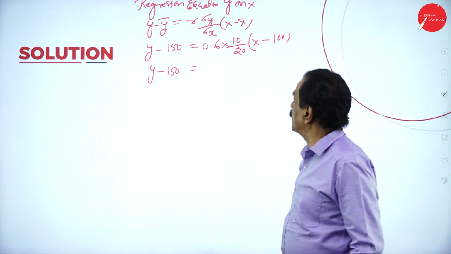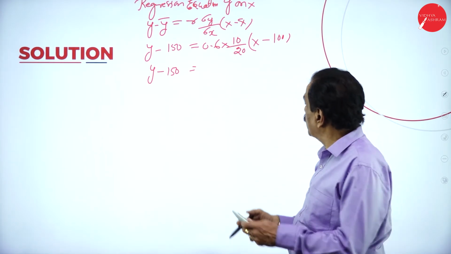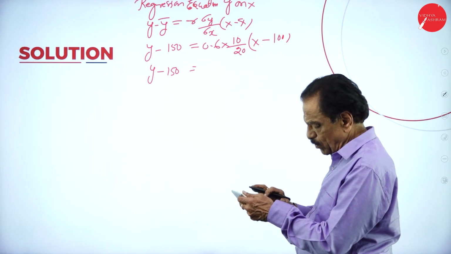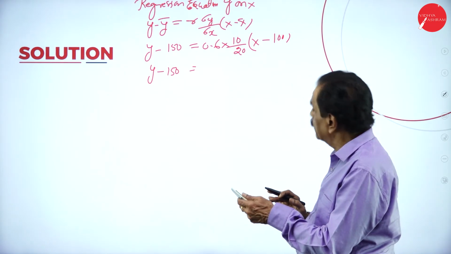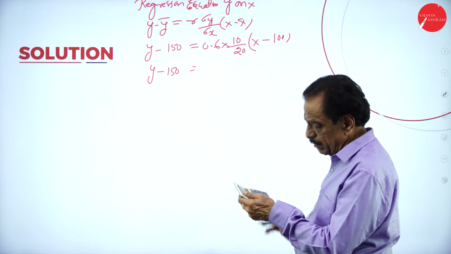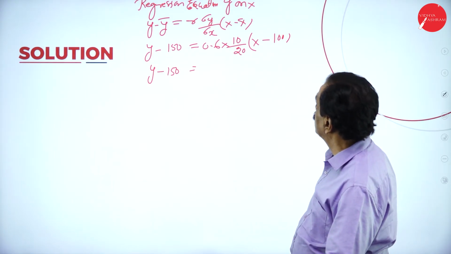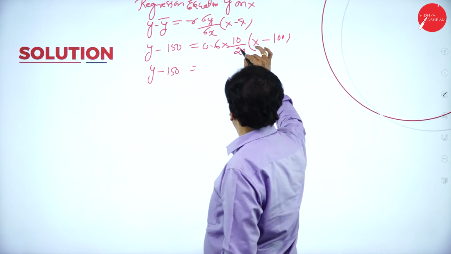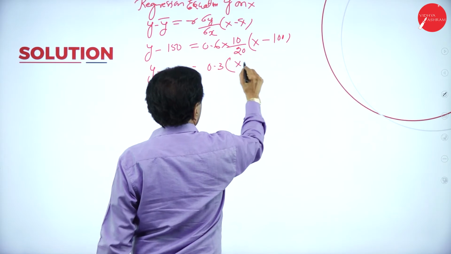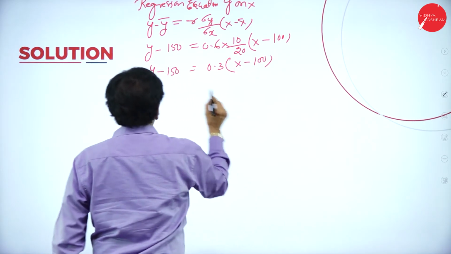0.6 into 10 divided by 20, that is 6 over 20, which is 0.3. So 0.3 into x minus 100. Simplify.